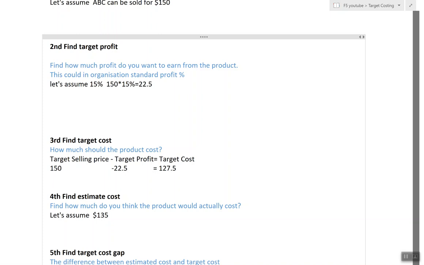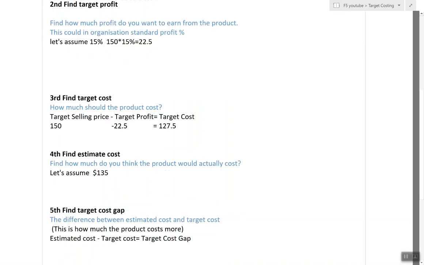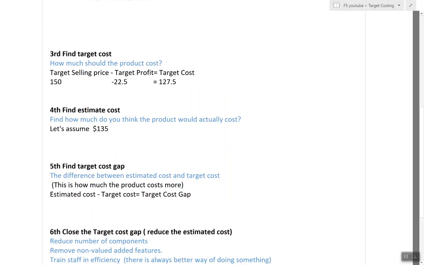I've seen in MCQs where they ask you that when the estimated cost is more than the target cost, we should stop. No, we don't stop. And usually the estimated cost will be higher than the target cost. So the next thing we find is the target cost gap, which is the difference between the estimated cost and the target cost.